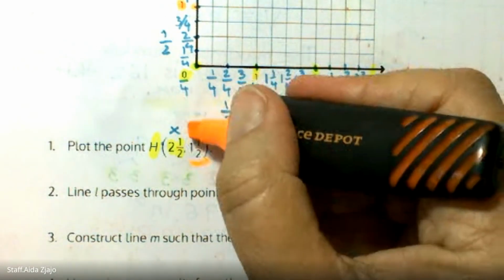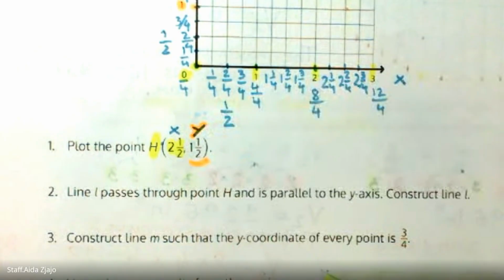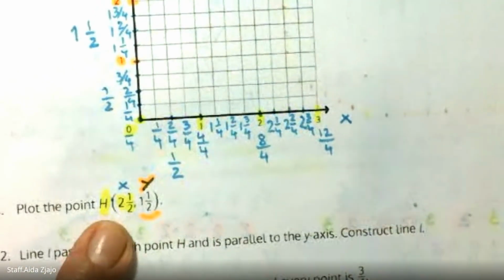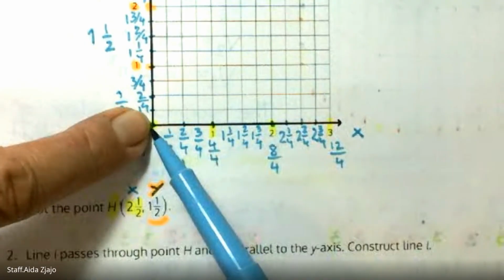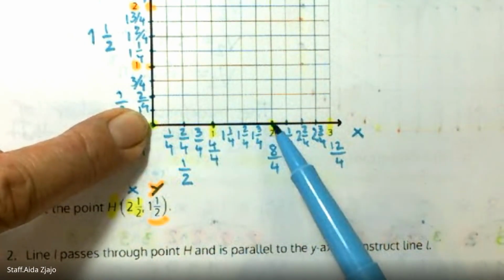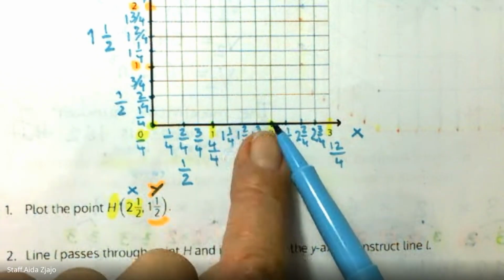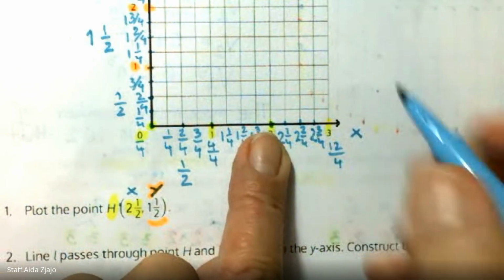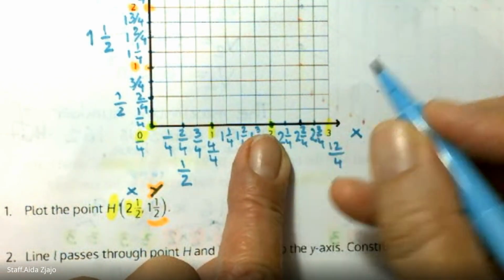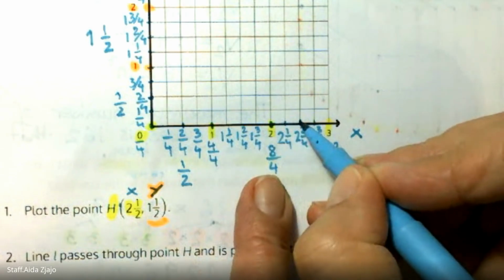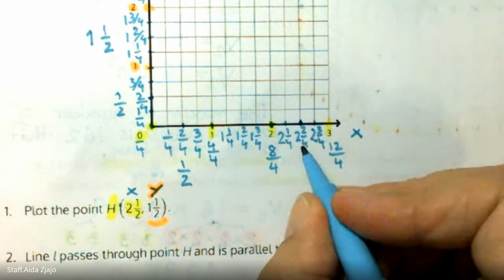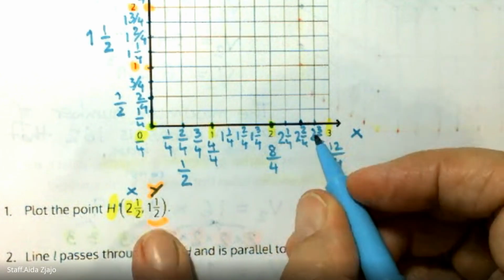So I'm going to label Y with a different color. So for 2, I'm going to go to the origin and say 1 whole, 2 wholes, and I need now a half. Half is in between 2 and 3, so half is right here. So this is 2 and 1/2, or 2 and 2/4.